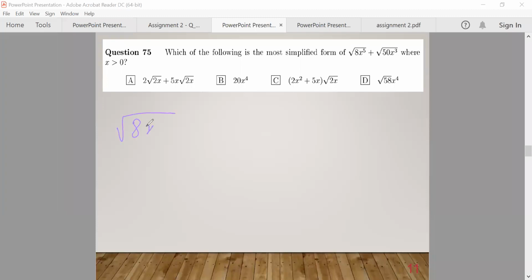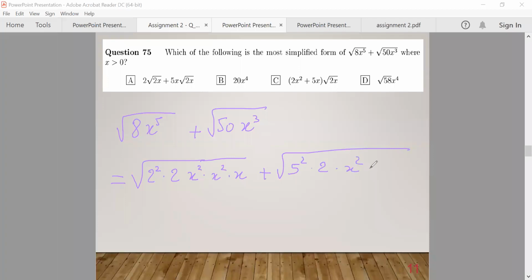So root 8x^5 plus root 50x^3. إذا ما يطلع من تحت السكوير روت إلا سكويرد. نكتبهم as square quantity. 8 هي 4 times 2 يعني 2 square times 2 والx 5 هي x square times x squared times x, plus 50 هي 25 يعني 5 square times 2 والإكس كيوب هي x square times x.